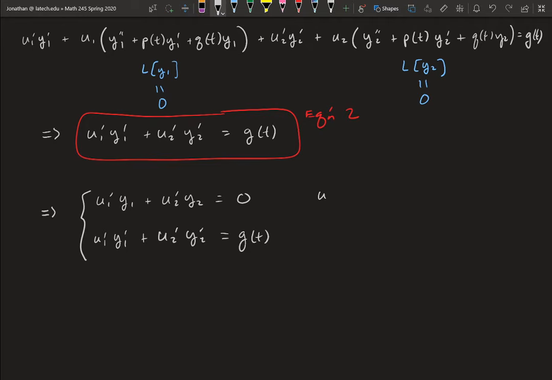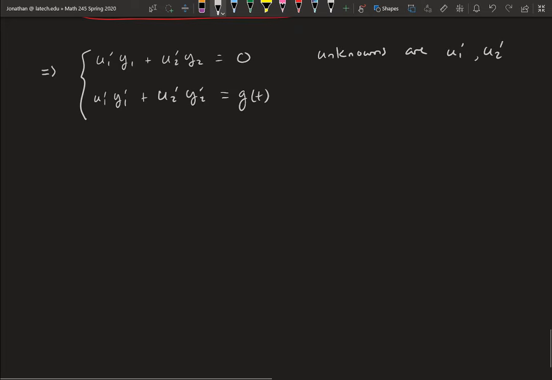So the unknowns are u1 prime and u2 prime. To solve the system, we're just going to use Cramer's rule.